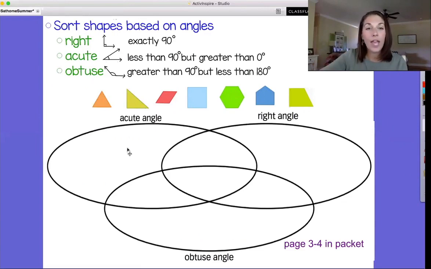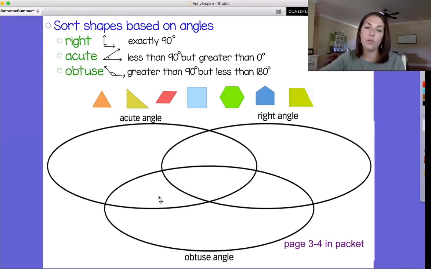So I can use a triple Venn diagram, or a Venn diagram that has 3 categories, to sort these shapes. So if a shape only has acute angles, we would put that shape into this category of acute angles over here. If it has only obtuse angles, it's going to fit down here. And if it has only right angles, we would place that into the category of having only right angles.